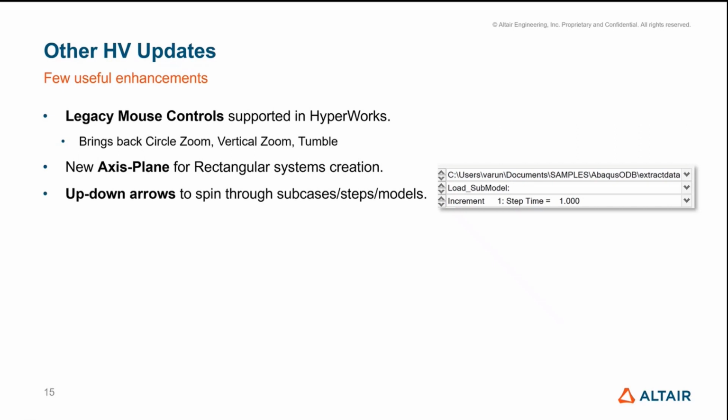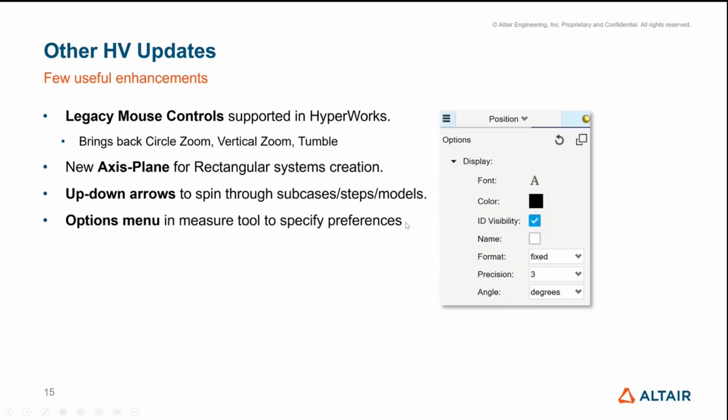And then the next item is, based on popular request, we have reintroduced the spinner arrows, the up and down arrows in the browser, which will allow you to easily cycle through your subcases, steps, and models. And then lastly, in the measure tool, we have introduced an options menu.